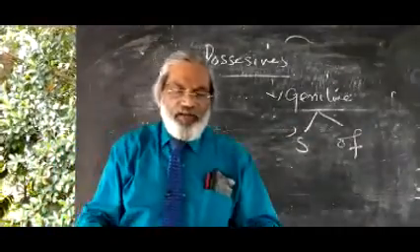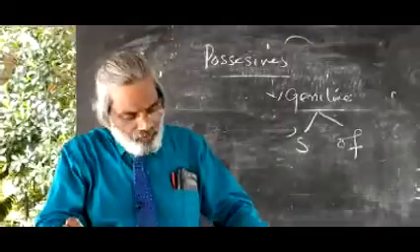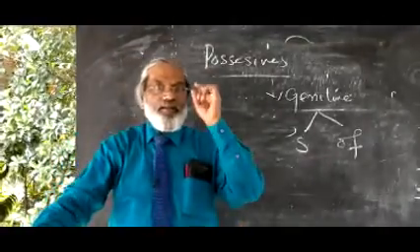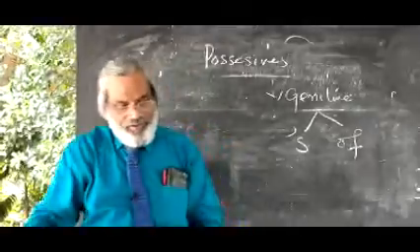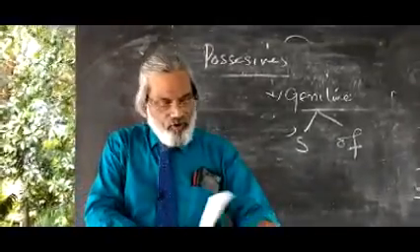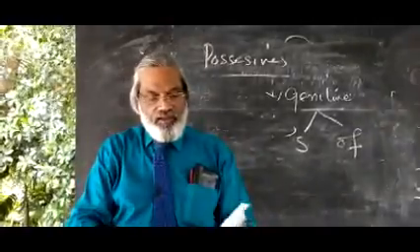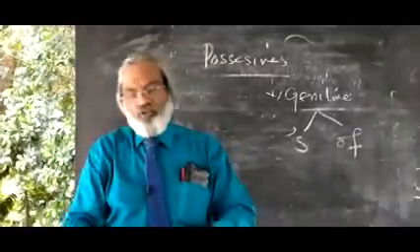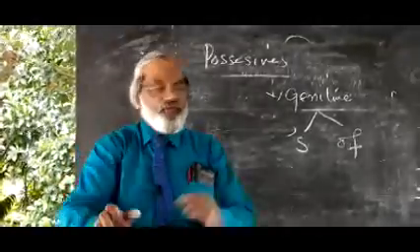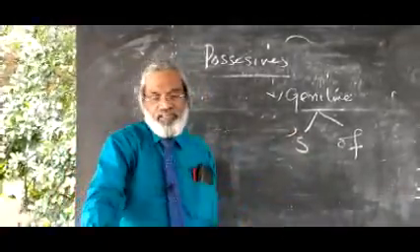Once we refer to the 's genitive and the of genitive, they are to be specified. Please keep in mind, in the university grammar book you refer to page number 98. You will get more description on genitives.